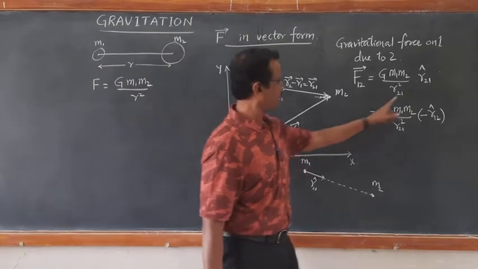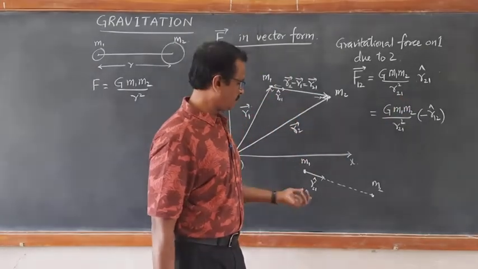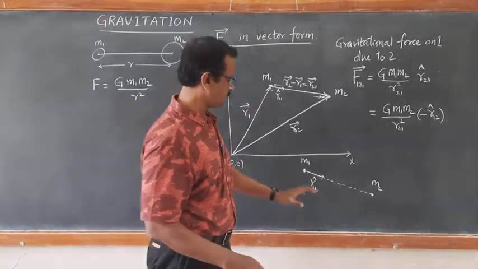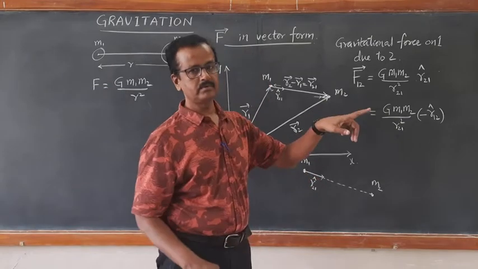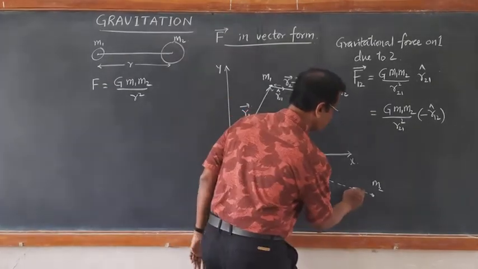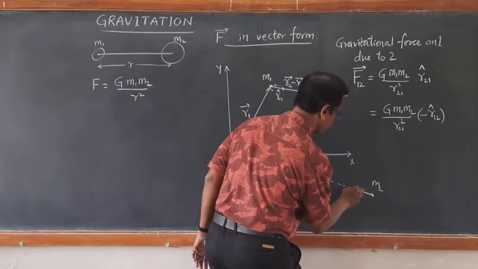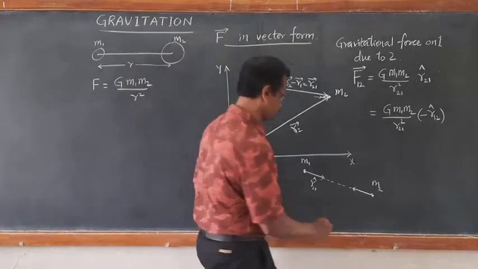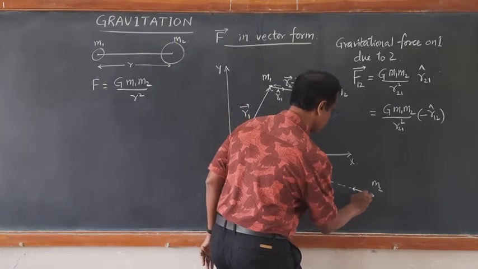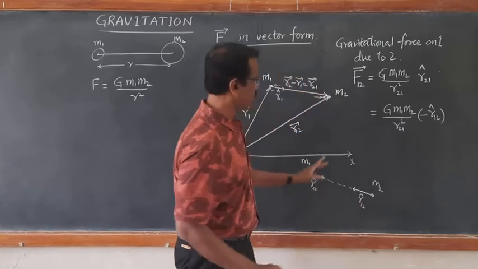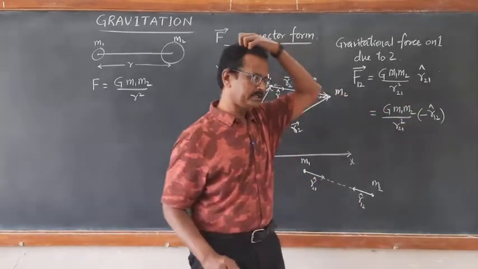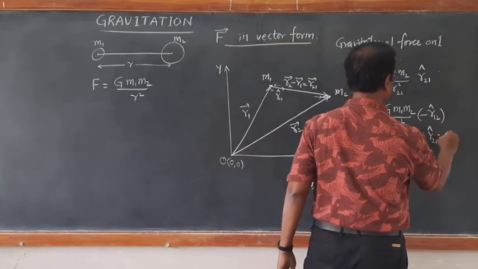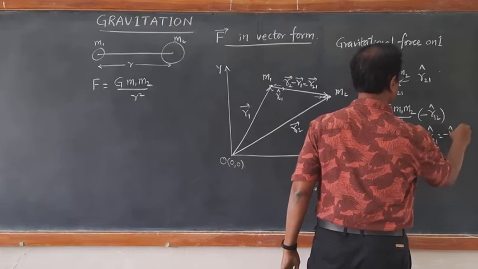So this is what I have written, r21 cap. r21 cap can also be written as minus of r12 cap, because r12 cap is of the same magnitude directed towards 1. So this is unit vector r12 cap. So r21 cap is equal to minus of r12 cap in vector form.